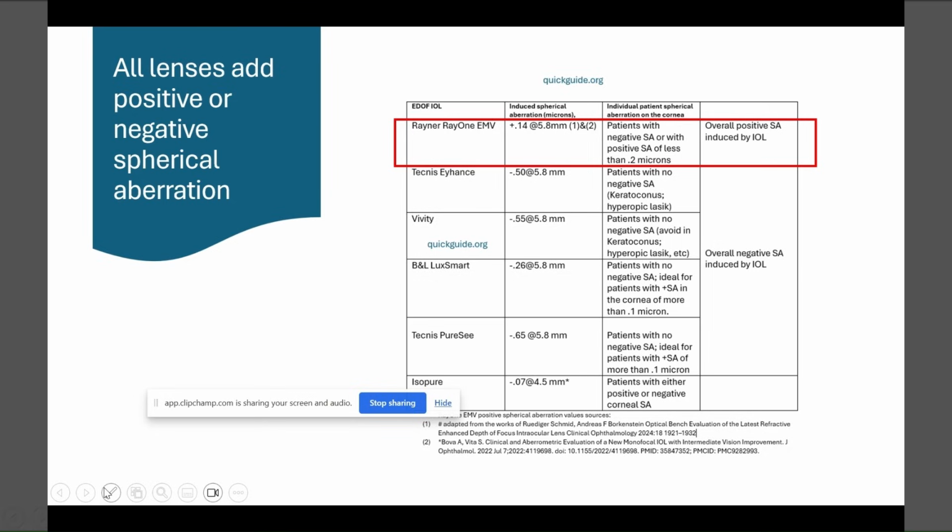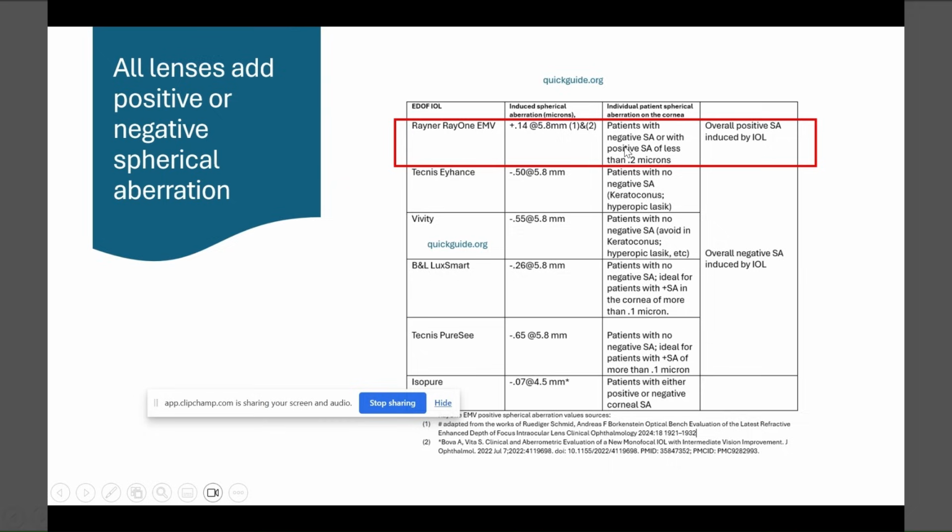Sometimes when you change the optics of the lens, when you're changing the radius of curvature, spherical aberration becomes a byproduct. Other than the Rayner RayOne EMV, they measured plus 0.14 microns of positive spherical aberration with the Rayner at roughly 5.8 millimeter of optics.